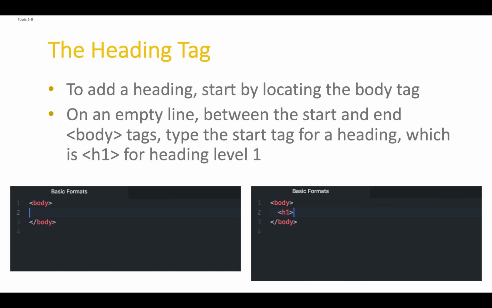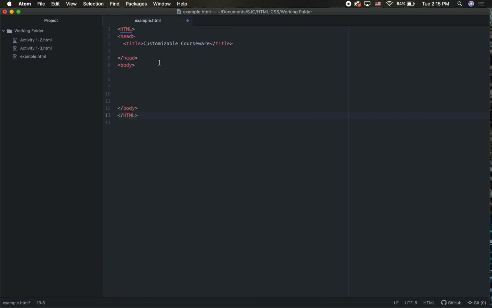To add a heading, start by locating the body tag. On an empty line between the start and end body tags, type the start tag for a heading, which is H1 for heading level 1. So I'm going to go right after the opening body tag. I like to indent, so I'm going to press tab.